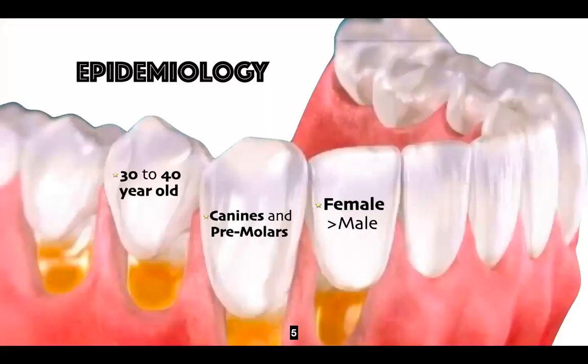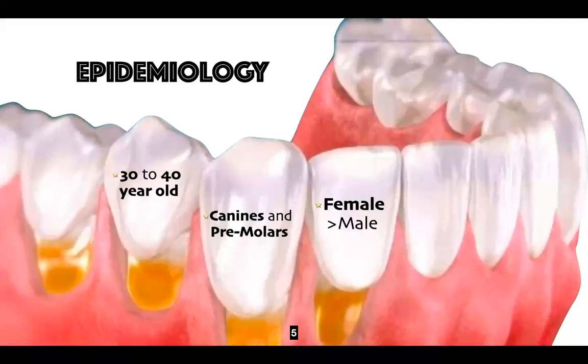Let's move on. The epidemiology of dentin hypersensitivity. It occurs in the age group of 30 to 40 years or more. Canines and premolars have more sensitivity as compared to other dentition.